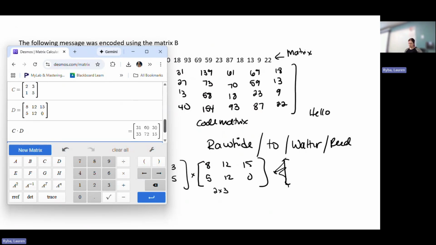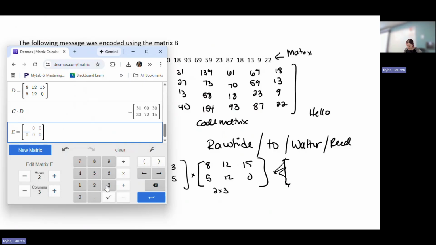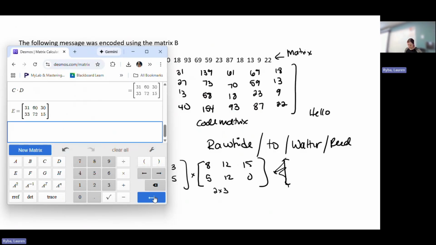And I would send you my initial matrix C. So you would then take, hold on, I got to enter this as a new matrix here so that I can have it 31, 60, 30, 33, 72, 15. So you take C inverse times what I sent you, and it gave you back what I originally had as hello. Cool.